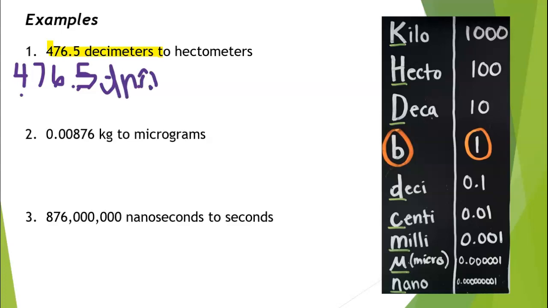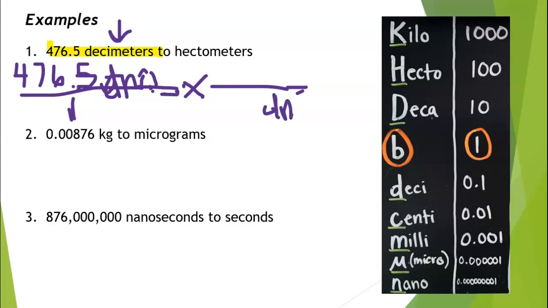I'm going to put this over 1, so I know I have something in the denominator. This is very messy, but that's okay. Hopefully you have the idea. And then I'm going to multiply by a conversion factor. I need to put the unit that I want to get rid of in the denominator. So I want to cancel decimeters, so that's going to go in the denominator.